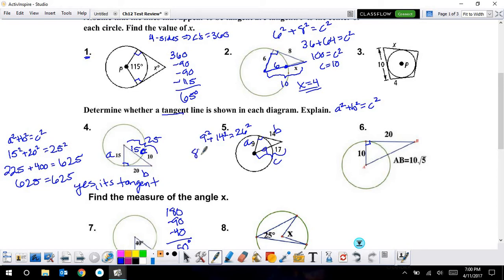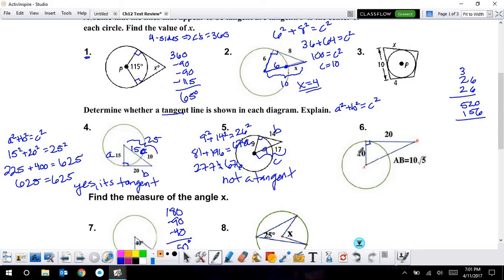So 9 squared is 81. 14 squared is 196. 26 squared, should know this off the top of my head, is 676. So 81 and 196 is 277, but that doesn't equal 676, so it is not a tangent.